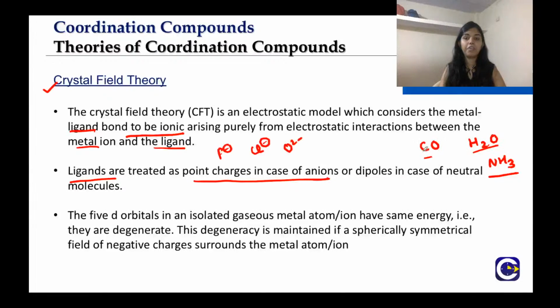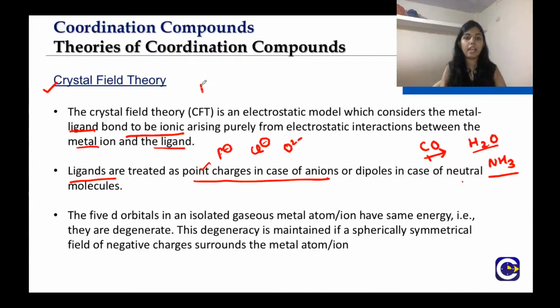Here you can treat CO as a dipole because oxygen's electronegativity is greater than that of carbon. Water is a polar molecule, and ammonia will also have a dipole moment because it is also polar. So anions will be considered as point charges and neutral molecules as dipoles.